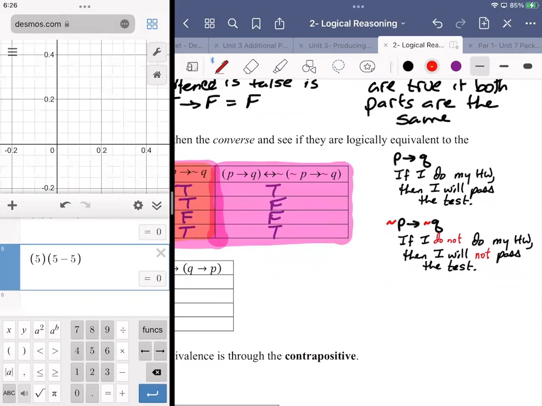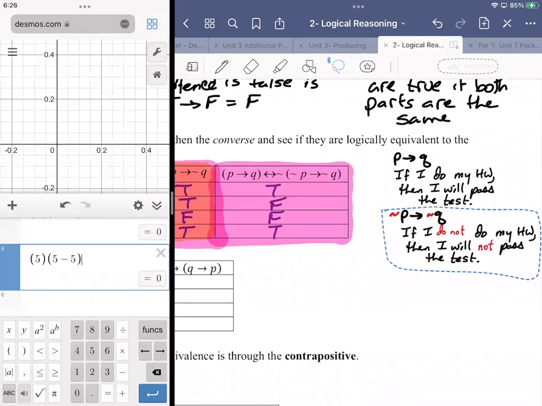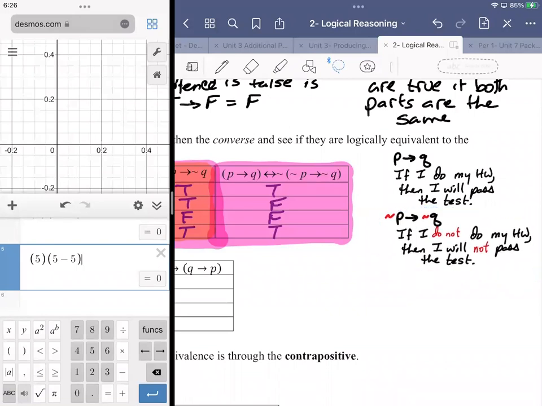All right, so that's what the inverse is saying. Now, it kind of feels like it would be true, or at least just as true as the original sentence, but it's not always true. All right, because it is possible for you to not do your homework, but still pass the test.